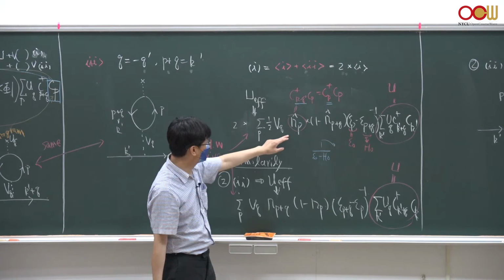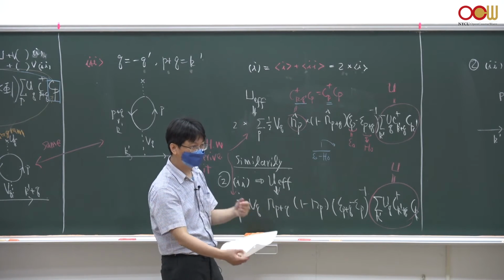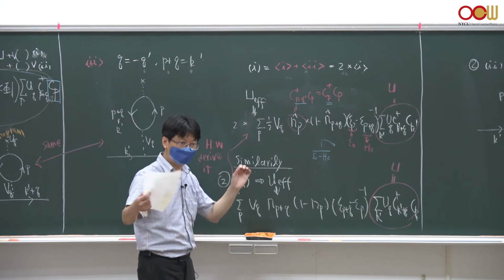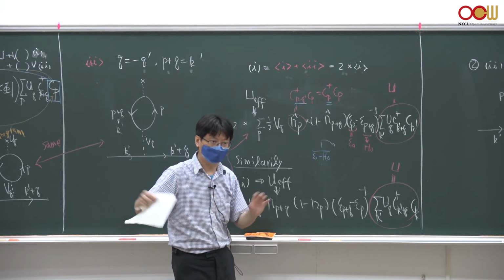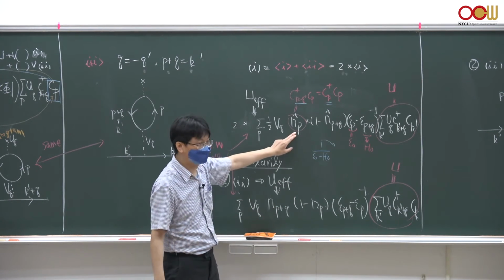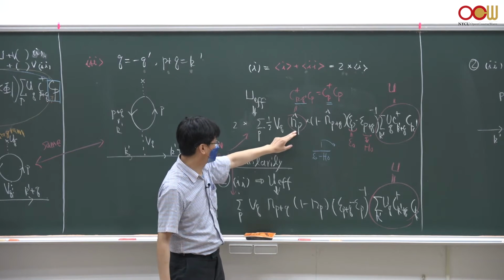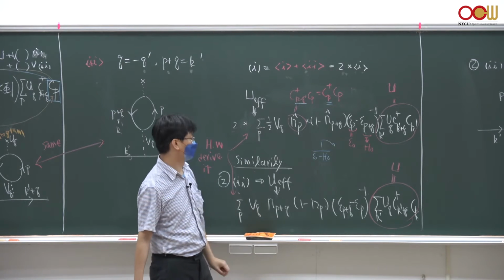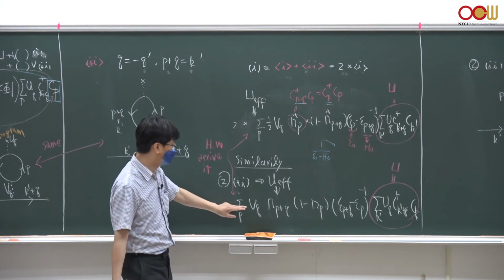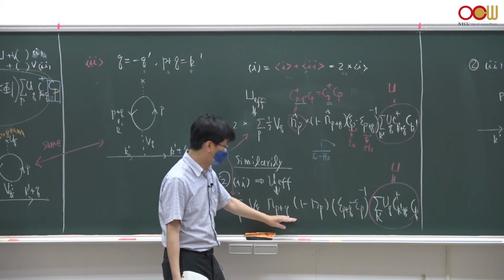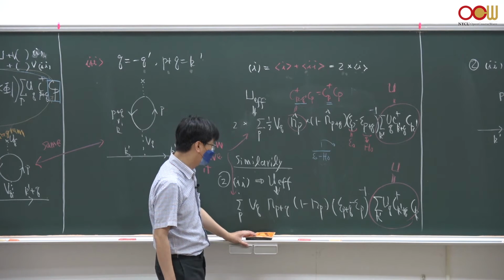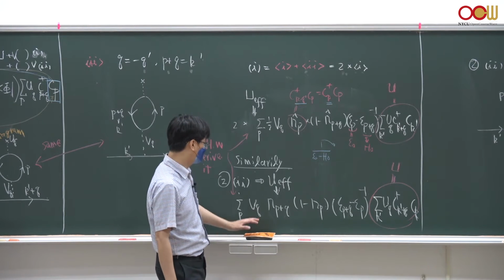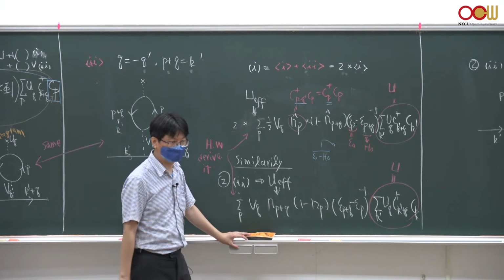Okay? In other words, p and p plus q got interchanged because you reversed the order between the v term and the u term, and therefore there's an interchange between momentum p and p plus q. So this is also your homework, to derive the occupation number operator form of the second order contributions.